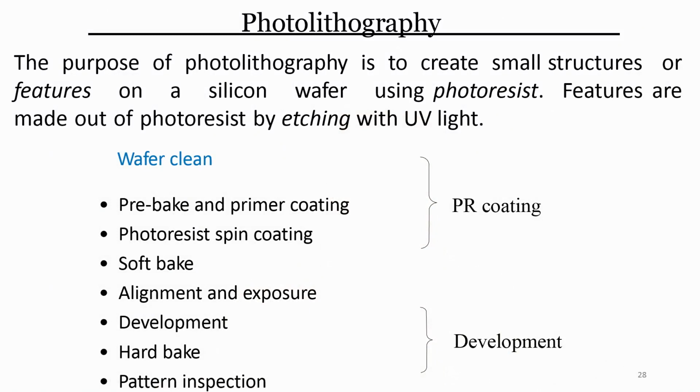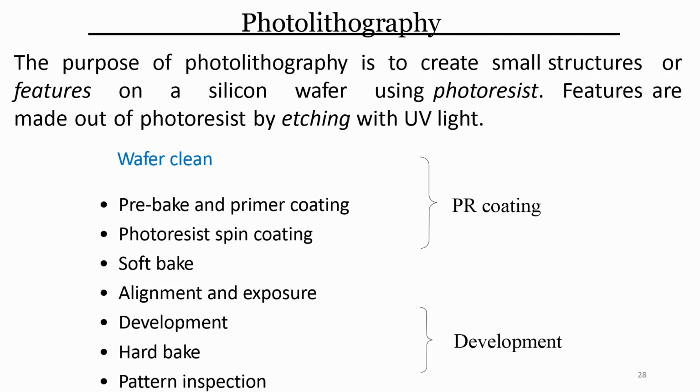Photolithography comes from the words photo and lithos. Lithos and graphy is a Greek word, which means carving from a single stone. Photo means nothing but photons, light, to carve a single stone.